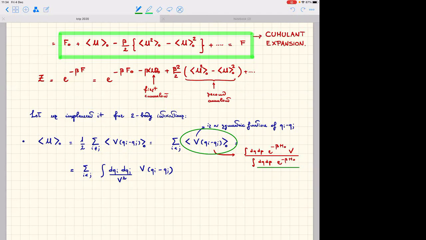Well, here, when you do this integration, okay, look, let's do this integration here briefly.